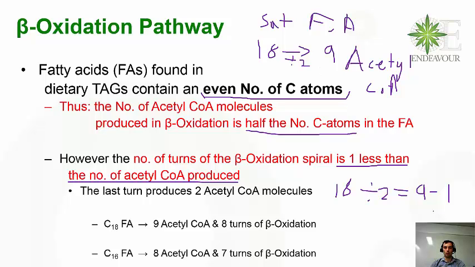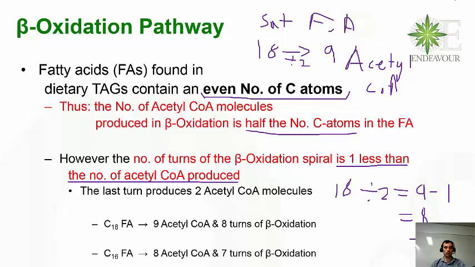So it's the same rule, except you just minus 1. So now we've got 8 turns required. We just need to do 8 turns or 8 spirals to fully break down our 18 carbon fatty acid.